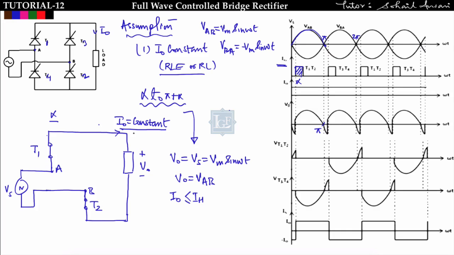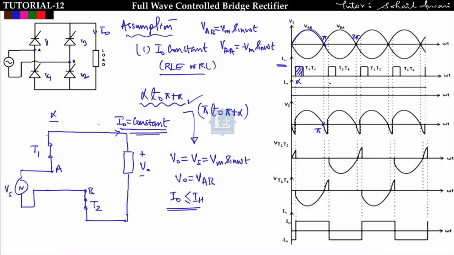But here I am assuming that I naught is constant, which means the load is either RLE or RL type, which is a highly inductive load. So even after the supply voltage reverses, T1 and T2 have to conduct after pi, because the load current is constant. The load current is not becoming less than or equal to the holding current, so they will not go into the off state after pi. So they will continue to conduct from pi to pi plus alpha also.